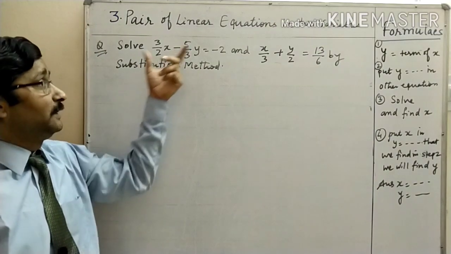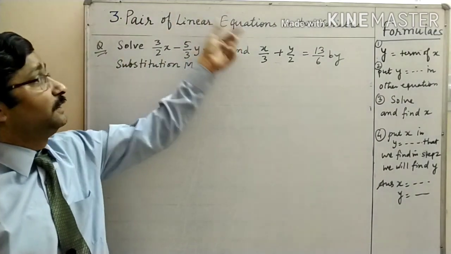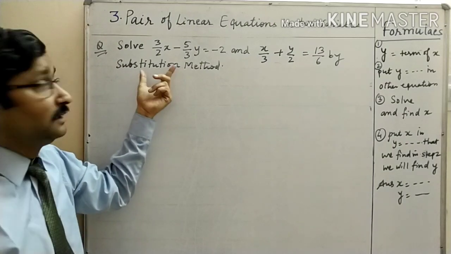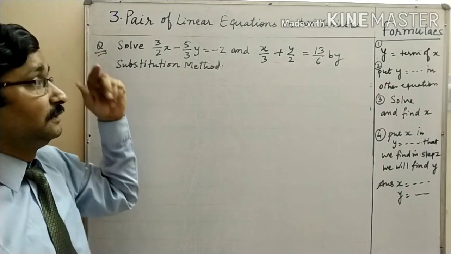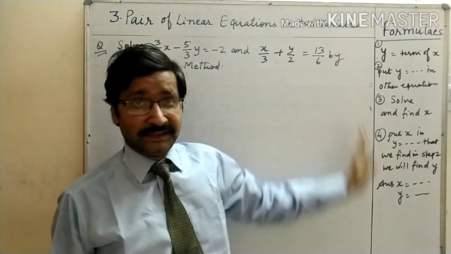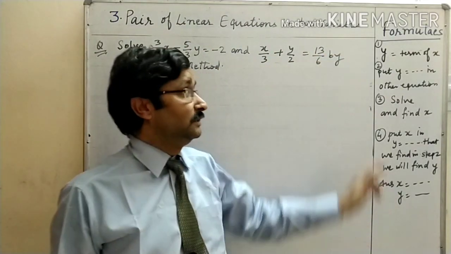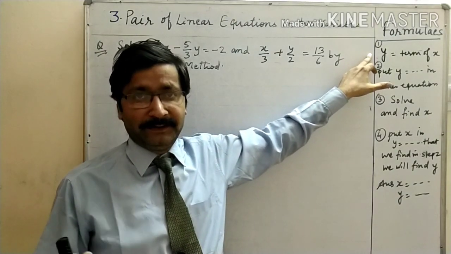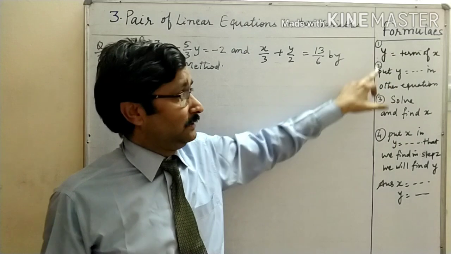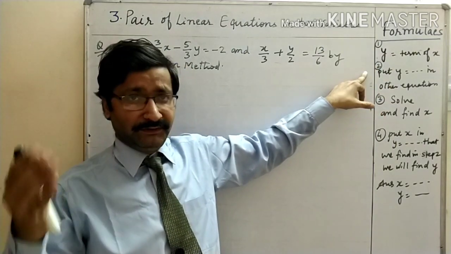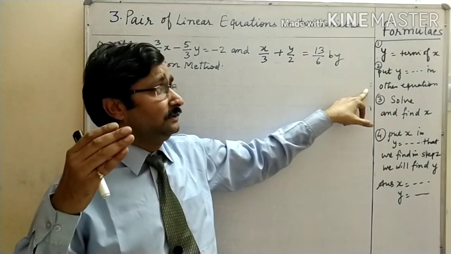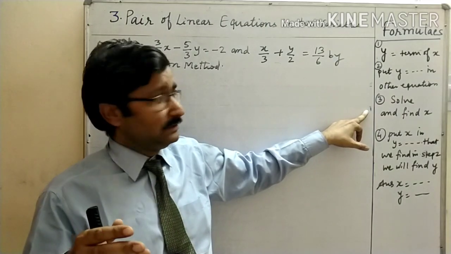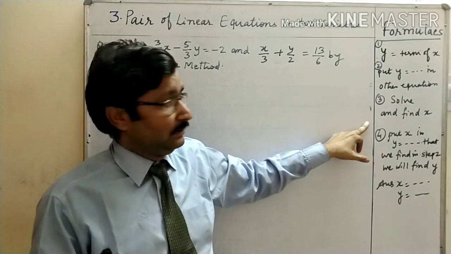These are the given pair of linear equations in two variables. In the substitution method, first we find y in terms of x, then we put it in the other equation, solve that equation and find x.